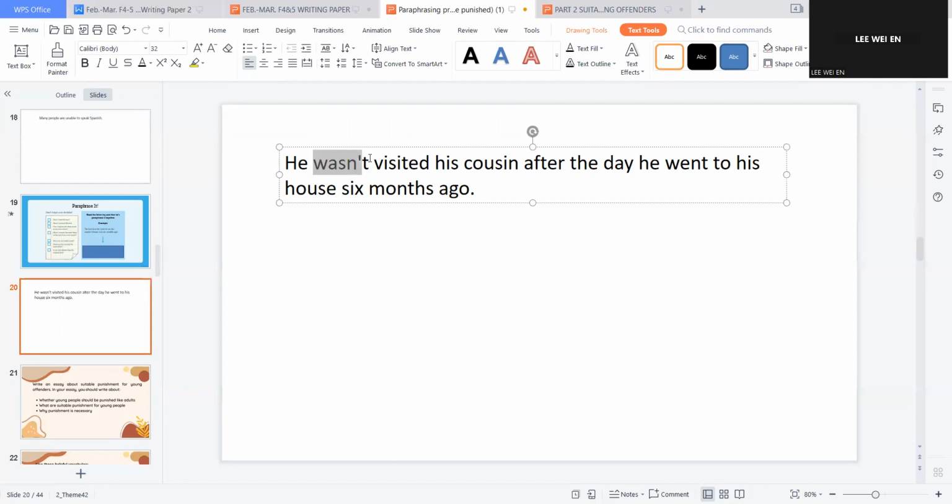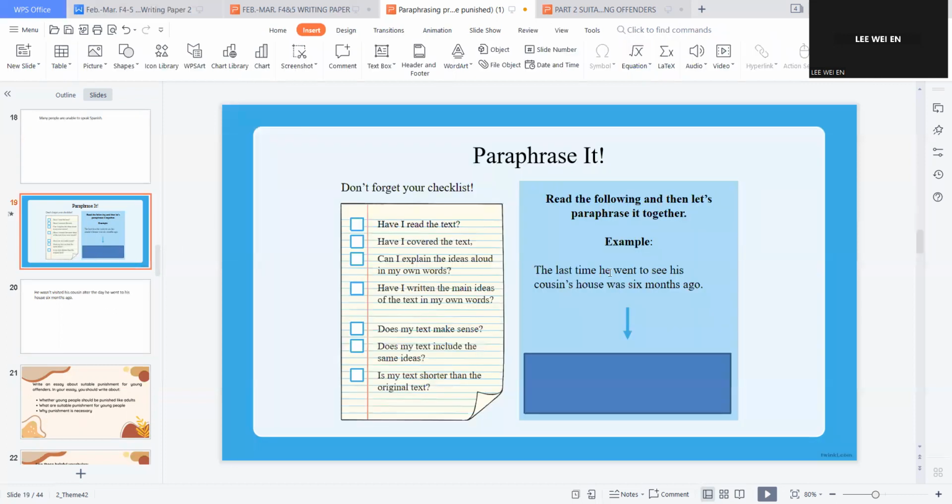So wasn't visited. Because this kind of sentence, you have to use perfect tense.